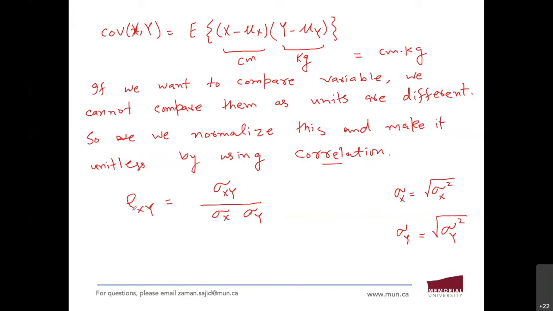So this equation I can also write as rho of x y is equal to the covariance of x and y on the top, and here I have the square root of the variance of x times the variance of y.